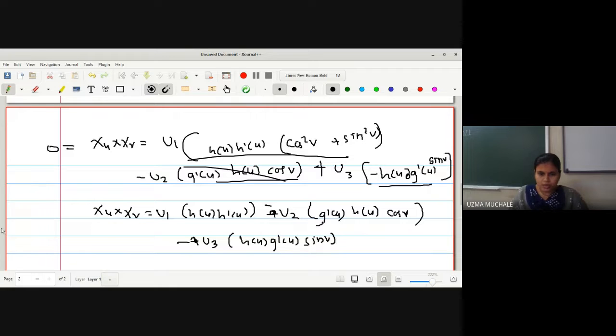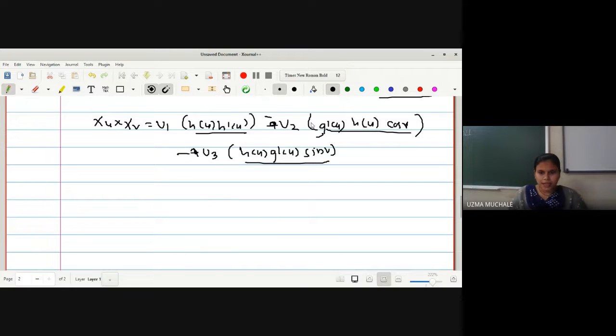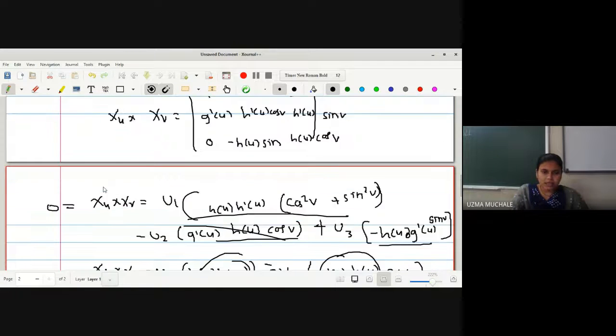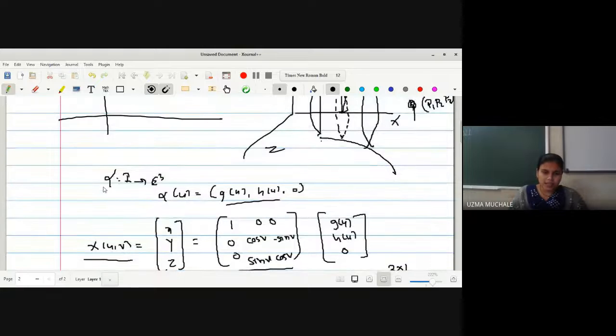Okay, so whether all these coefficients will be equal to 0 simultaneously, it is not possible. Why is this so? Because g of u and h of u will not be equal to 0 simultaneously, right? If g of u and h of u are simultaneously equal to 0, it means you don't have a curve at all, right? Why did we write g of u, h of u here? Because we know that this is a curve in the xy plane.